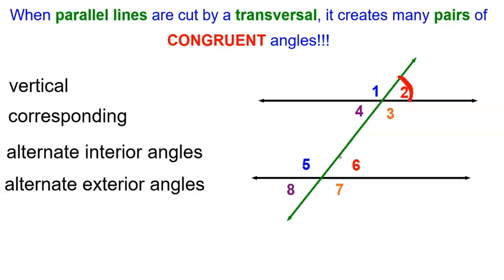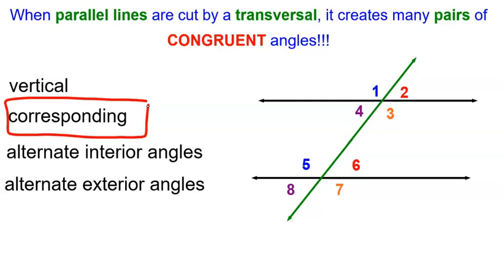Angle 2 and angle 6 are also equal, but not for the reason of being vertical. These angles are equal because if you translate angle 2 and slide it down this transversal line, you'll get angle 6. We call those corresponding angles.